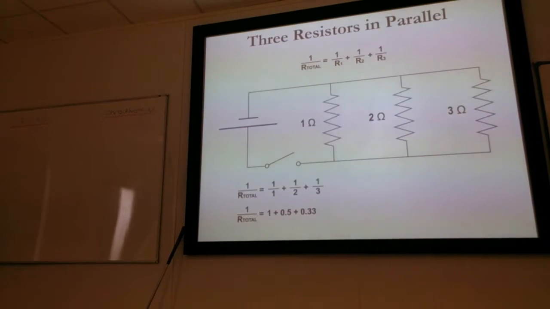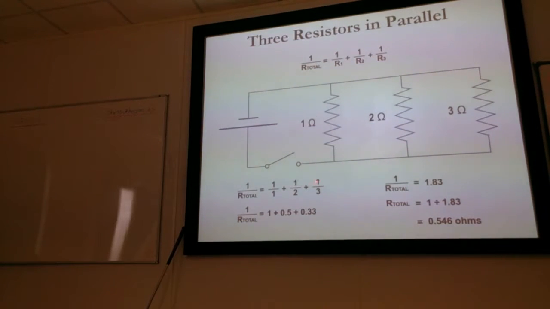Let's put some numbers on it then. So that means that 1 over R total is equal to 1 over 1, plus 1 over 2, plus 1 over 3. Right, so 1, a half and a third. So what's that going to be? 1.83, if we're doing it in decimals.